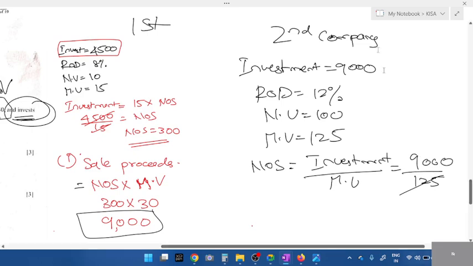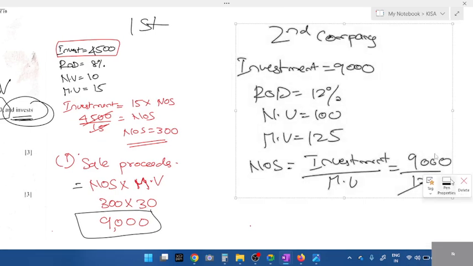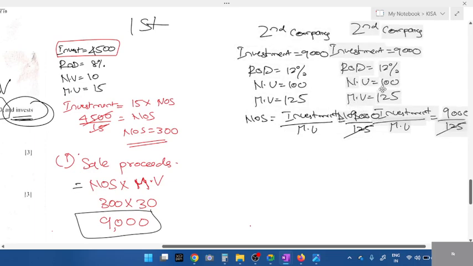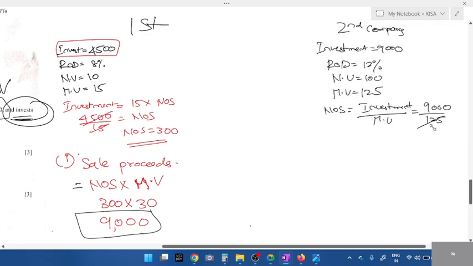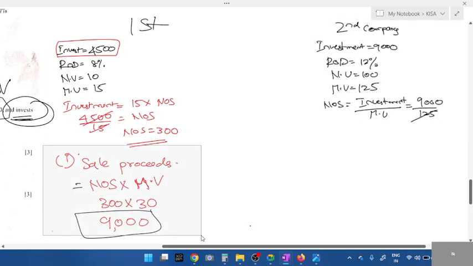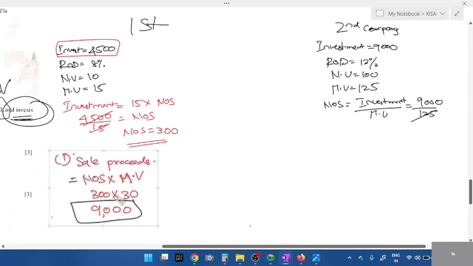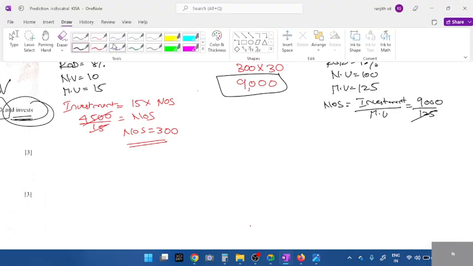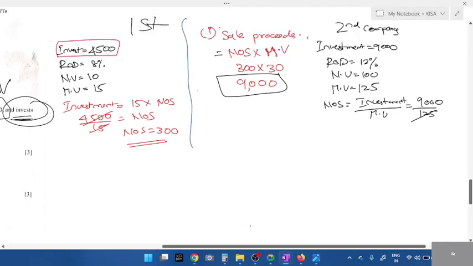Write it, students. Write it step by step. See, this is how it goes. This is the order.